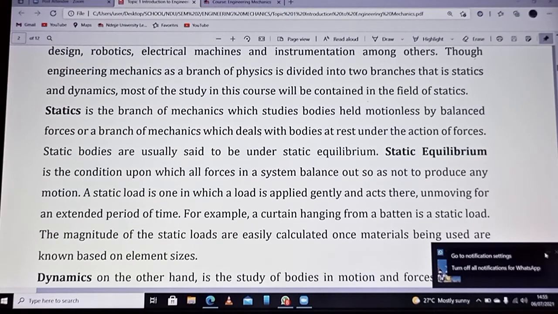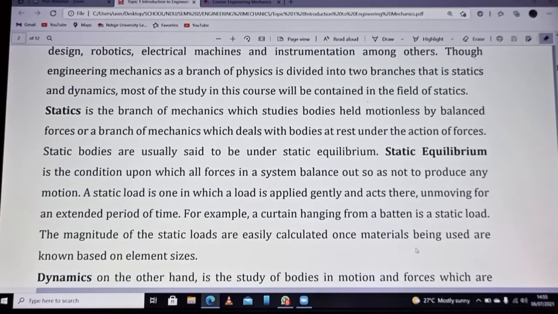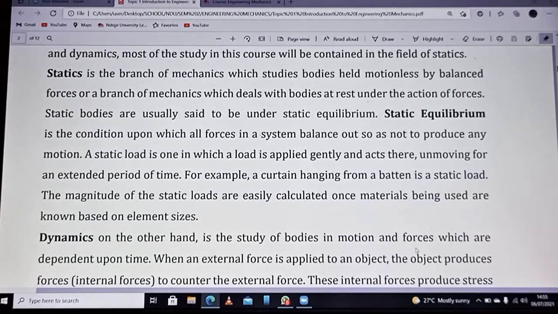Another example of dynamic forces on a structure is earthquakes. Earthquakes do not come from a single point. It's a vibratory kind of motion. The waves are moving underneath the ground. So we conclude that earthquakes are examples of dynamic forces.